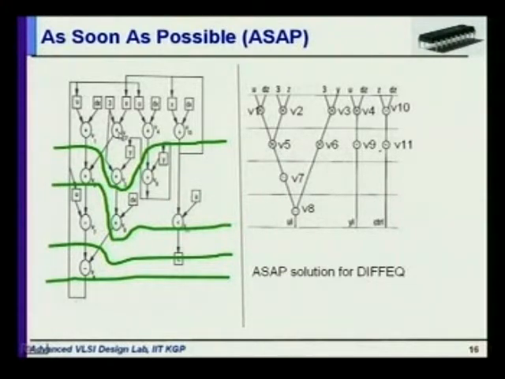So if some operations are available, or they can be executed, you execute them. Operations V1, V2, V4 and V10 take the variables and execute, so they do not depend on any other operation. So you just schedule them in the first time step.